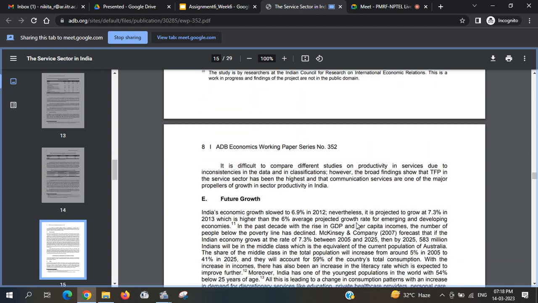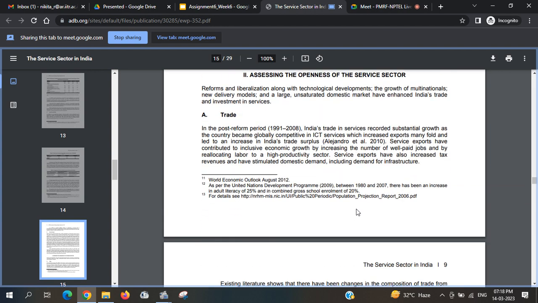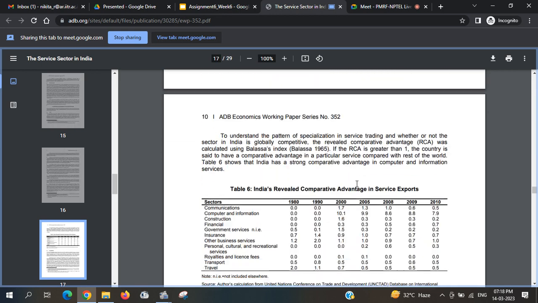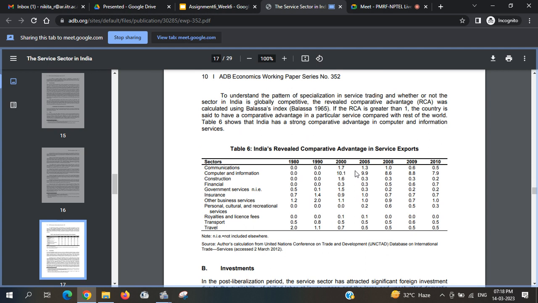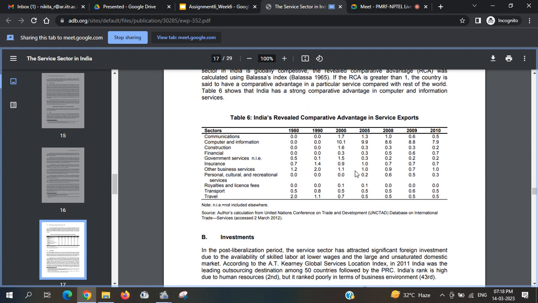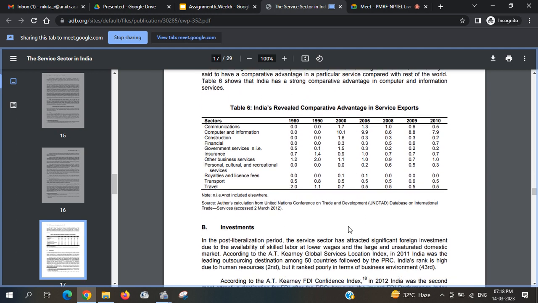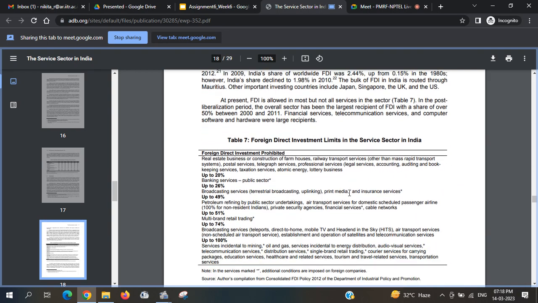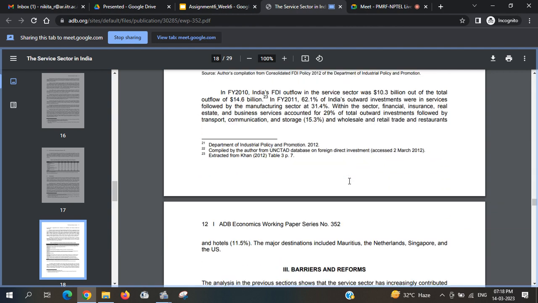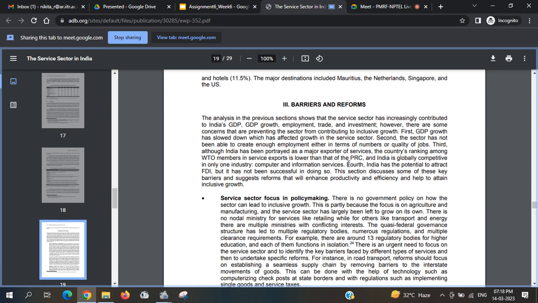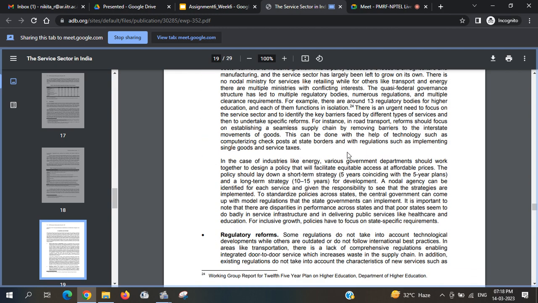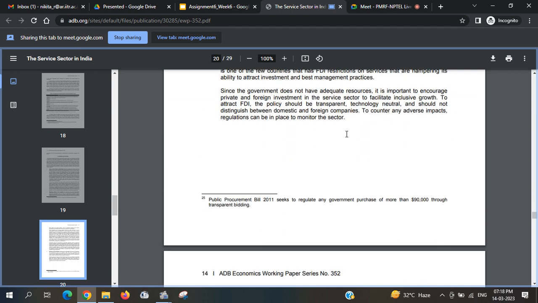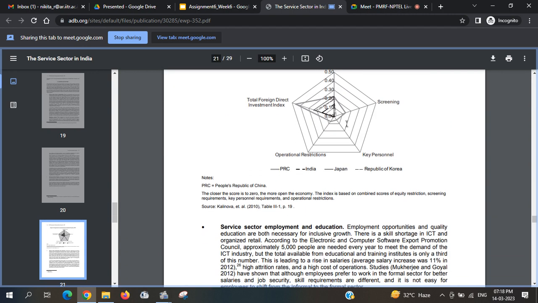Similarly, you can see categorization of services based on their productivity and growth, what the future growth will look like for India, and what India's competitive advantages are in service and exports, and a little bit about investments and foreign direct investments in service sector in India. Then the barriers which exist and the reforms in policy making and regulation which are required, things like that.